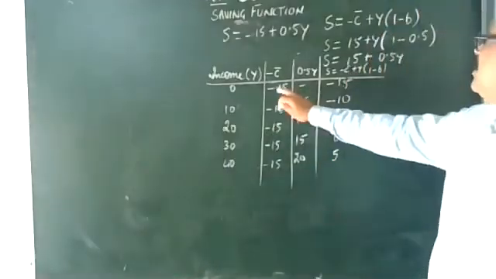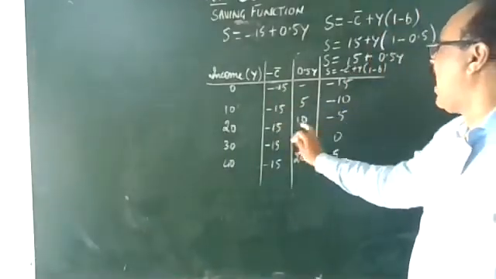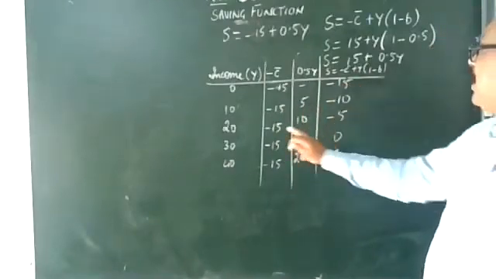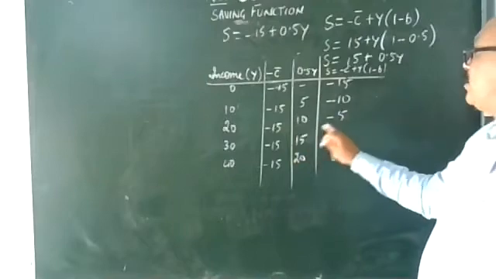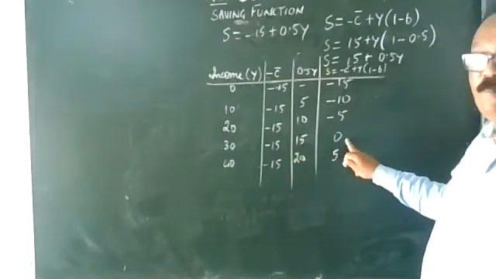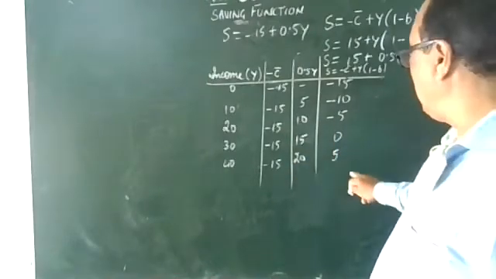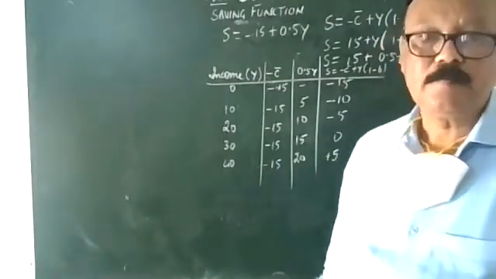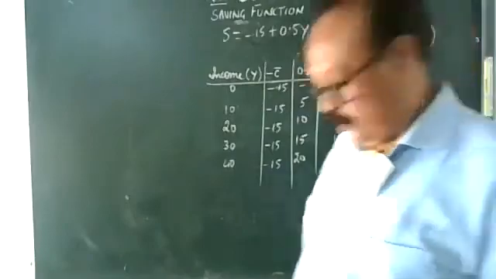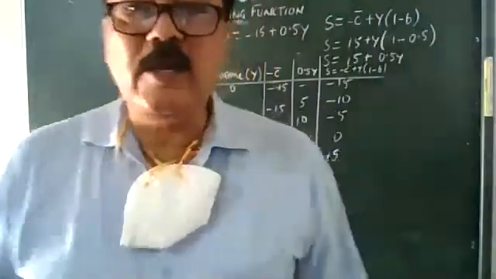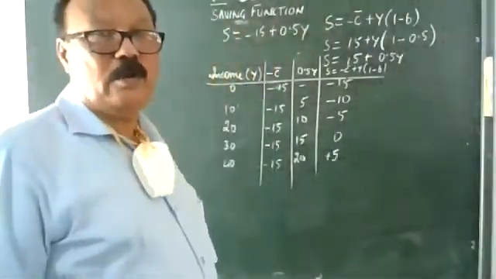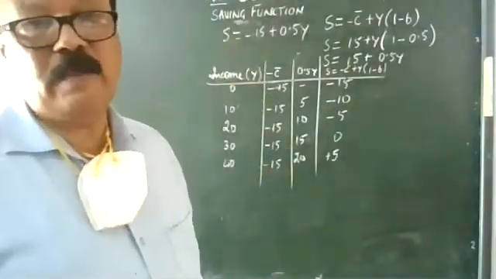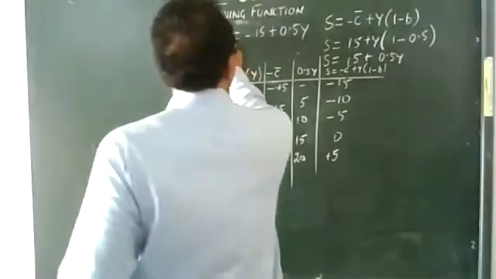These two columns are added. Minus 15, minus 15 and 5 is minus 10, minus 15 and 10 is minus 5, minus 15 and 15 is 0, and this is plus 5. This is the schedule we have derived from the saving function, which is given as the question.